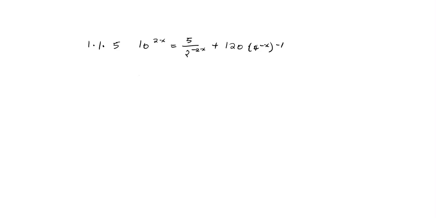With regards to this one, these are just basic laws of exponents. If you look at 10, 10 is not a number that you can write in terms of a base and an exponent, but we deploy prime numbers.